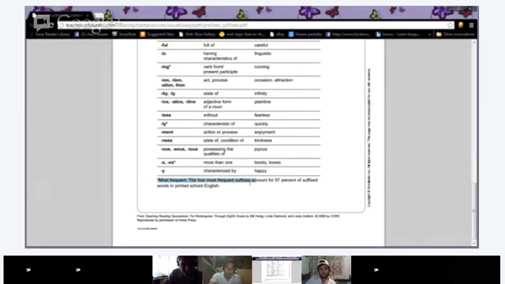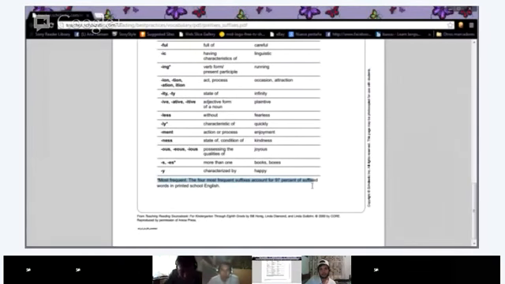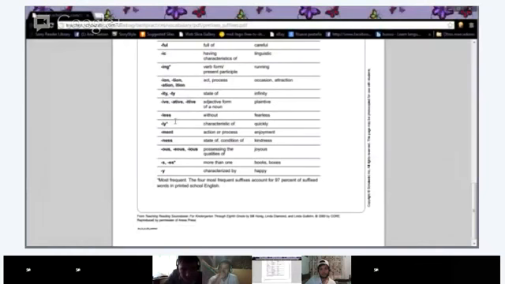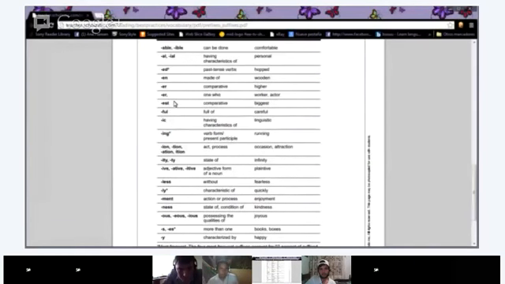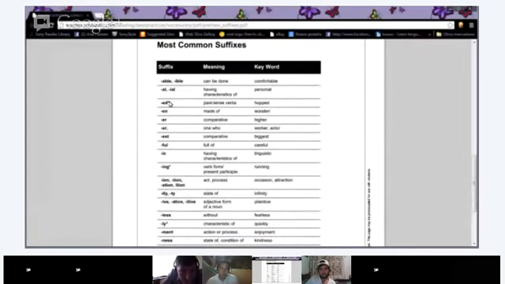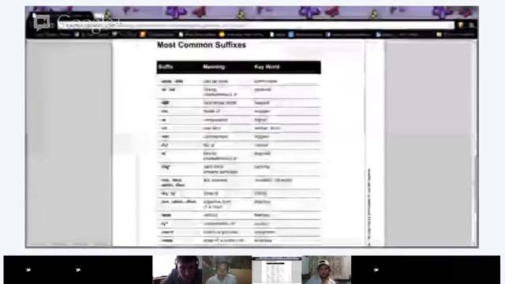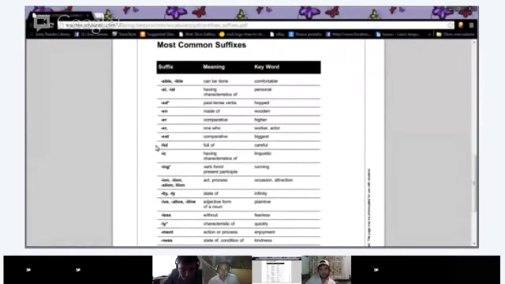And take a look at the note down below as well. The four most frequent suffixes account for 97% of suffixed words. So if we learn s and es, ly, as well as ing, and the ed ending, that would account for 97% of our suffixed words.